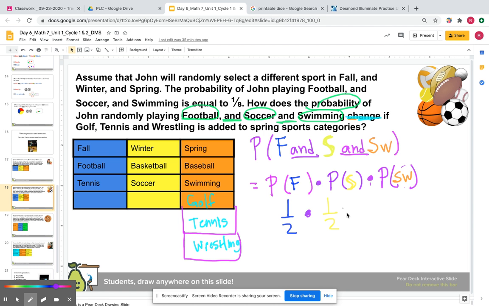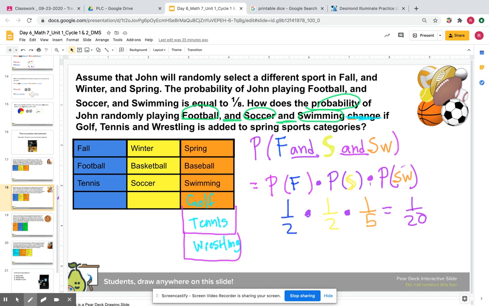I totally forgot this part. It's out of 5 sports now because of the changes. So it's 1/5. And just like before, you have to multiply these fractions together. And once you multiply these out, you should get 1/20. So that's what happens when you change it. Anyways, that should kind of summarize it.